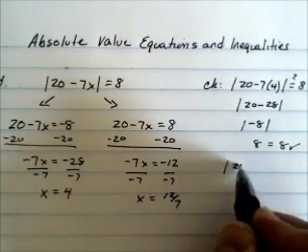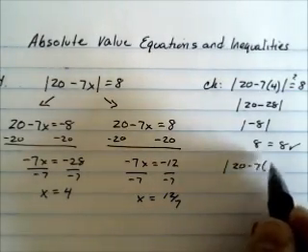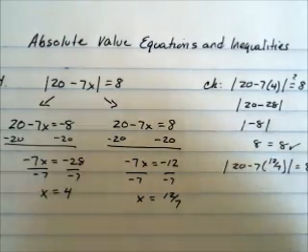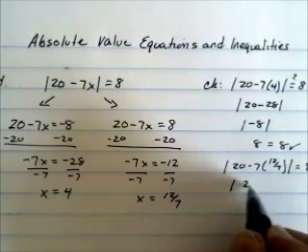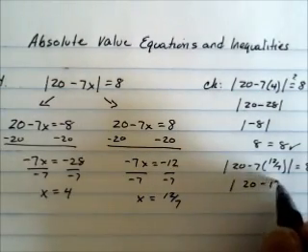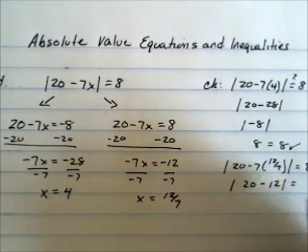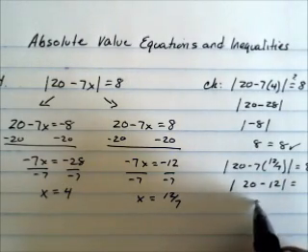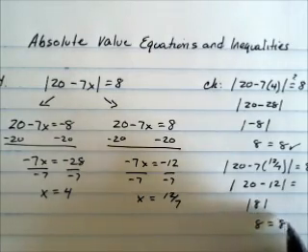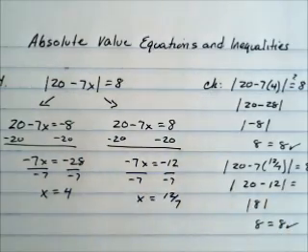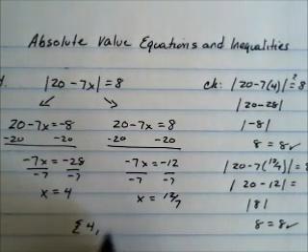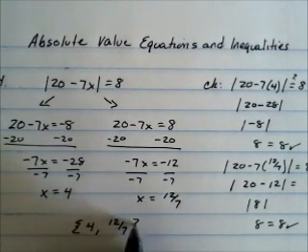And 20 minus 7 times 12/7: 7 times 12/7 is simply going to be 12, and 20 minus 12 is 8. The absolute value of 8 is 8. So our two solutions are 4 and 12/7.